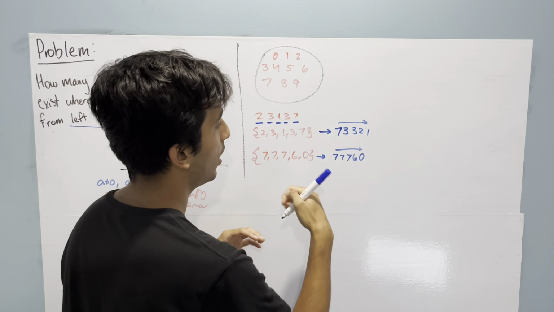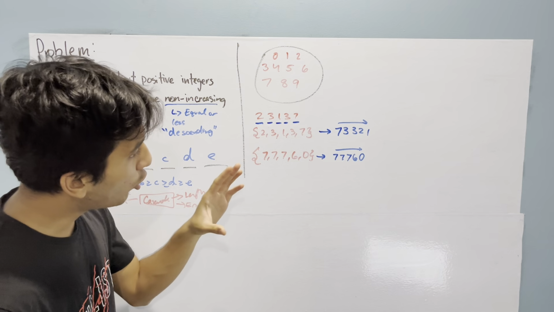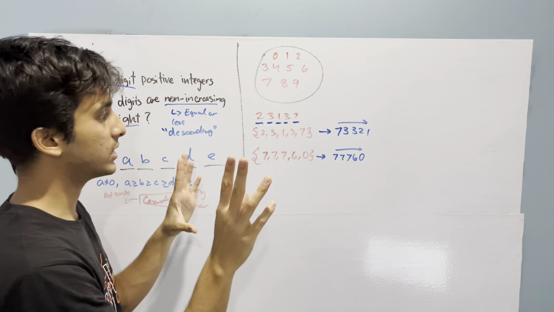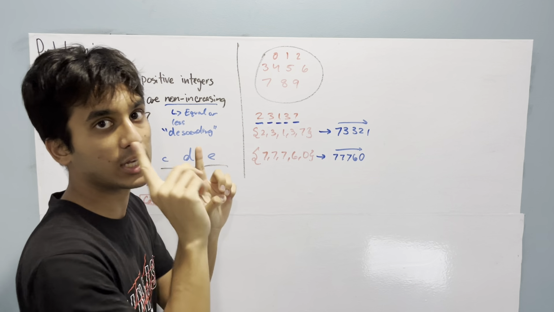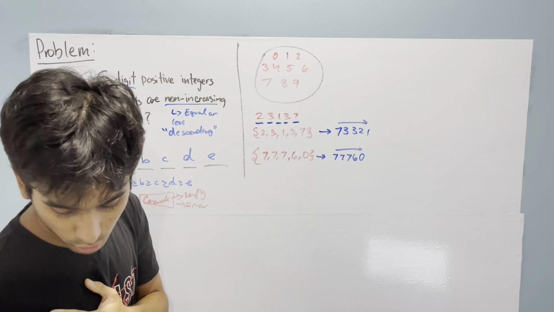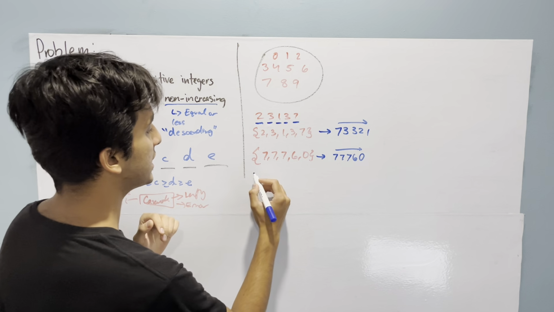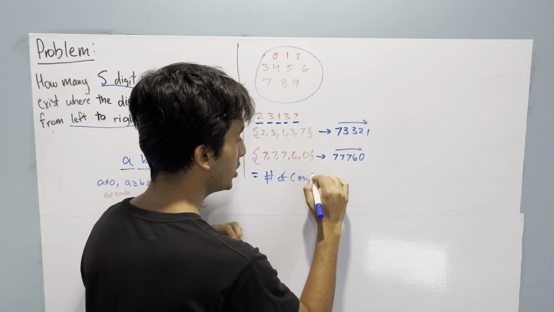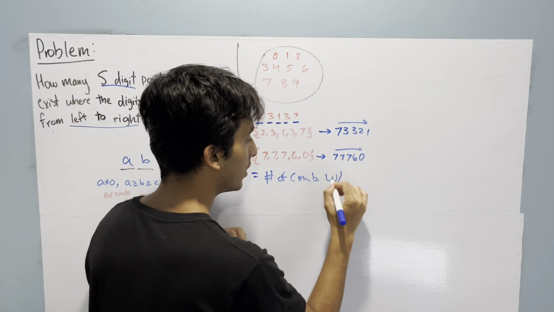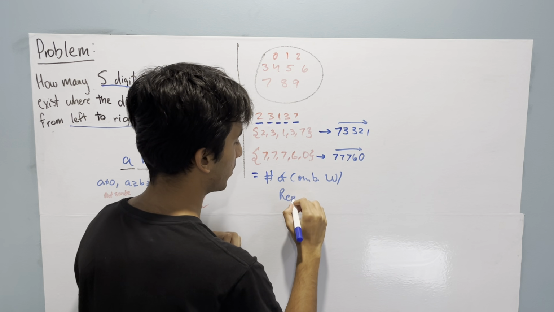Oh, it's in the same order. But it always has, because we can always arrange them in descending order, and it only has one way to arrange that. So this problem equates to saying that you're counting the number of combinations with repetition.